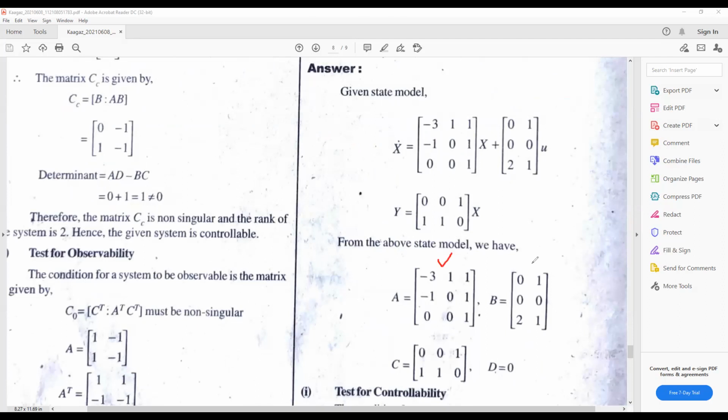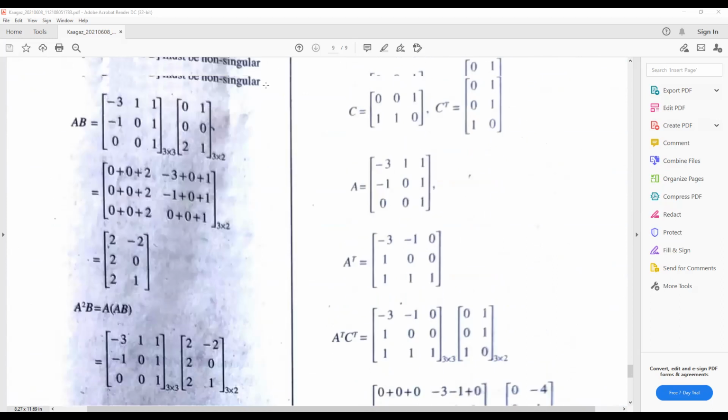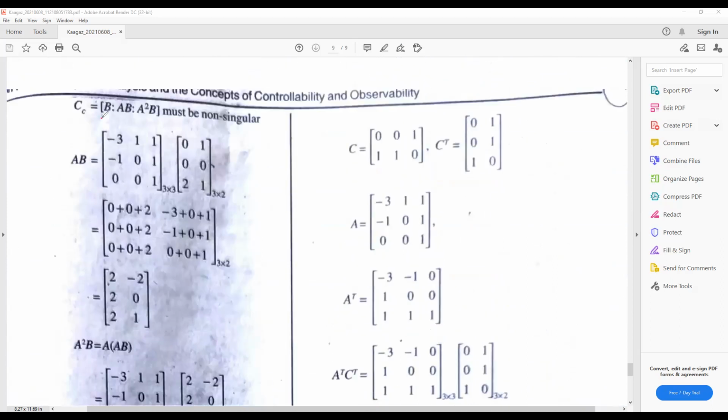Find the A matrix, B matrix, C matrix, D matrix. Here the A matrix is a 3 by 3 matrix. The condition for controllability is the three terms B, AB, A square B.